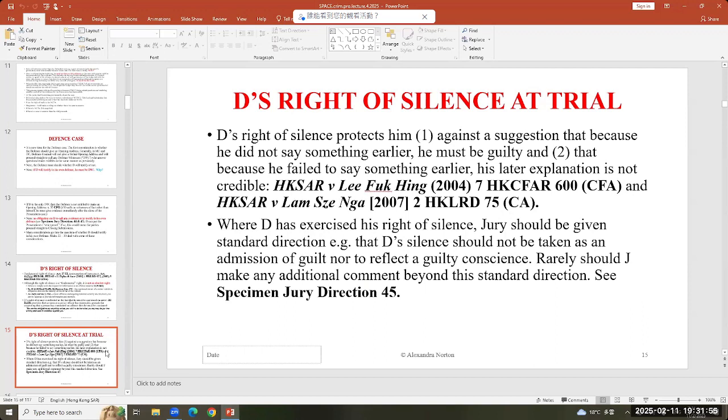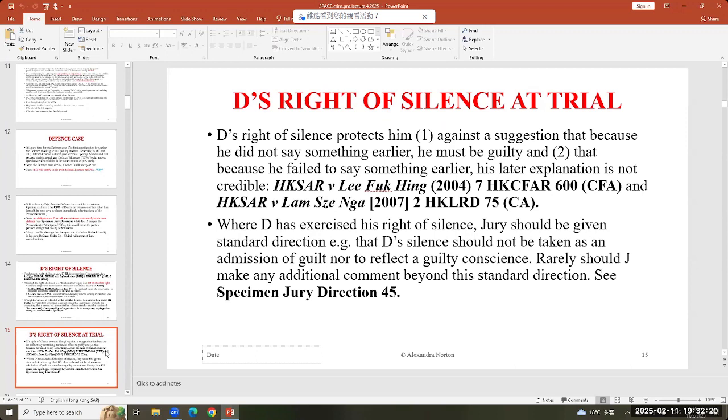So if in the trial evidence has been produced of the defendant's flight, then as part of directing the jury, the judge would point out to the jury that flight from the scene is not evidence of guilt. But that doesn't mean necessarily that we don't have that first assumption, right? When we hear that evidence come out.